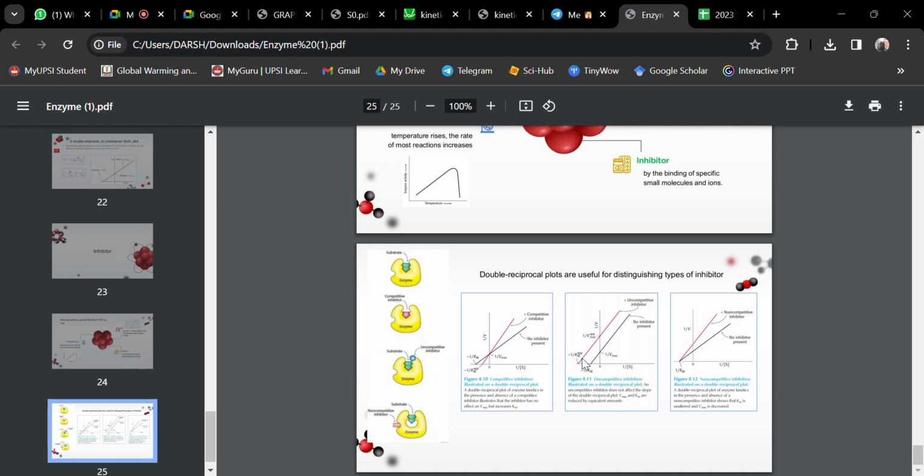Katakan yang pertama kotak yang sebelah kiri sekali itu, if you put in let's say a type of medicine lah dalam satu sistem tu, dia akan compete dengan the actual amylase. So if you plot the graph looks like that.